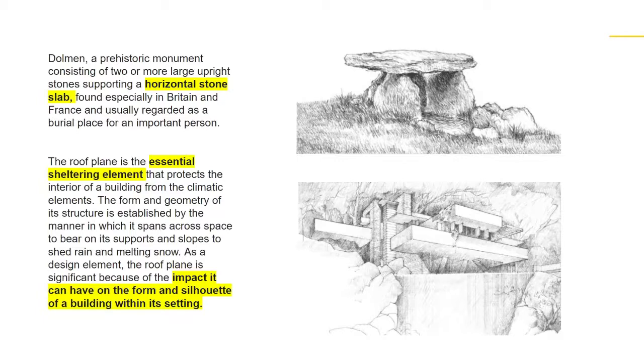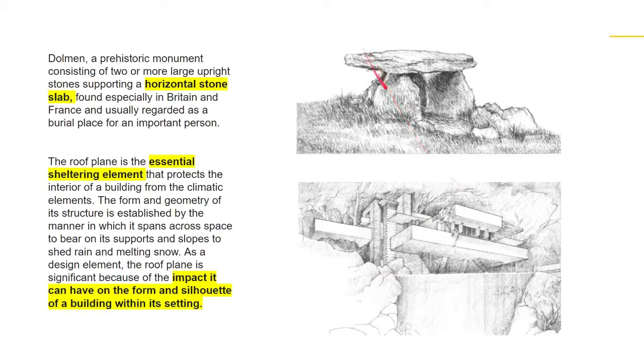In relation to historical approaches to the plane, take the dolmen, a prehistoric monument consisting of two or more upright stones supporting a horizontal stone slab. It is found in Britain and France and usually regarded as a burial place for an important person.